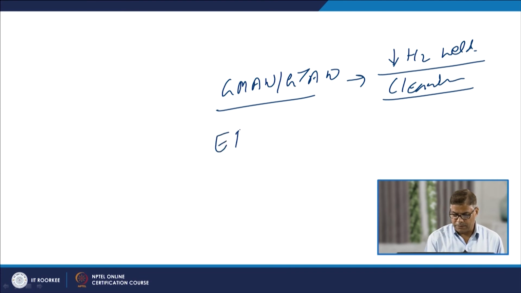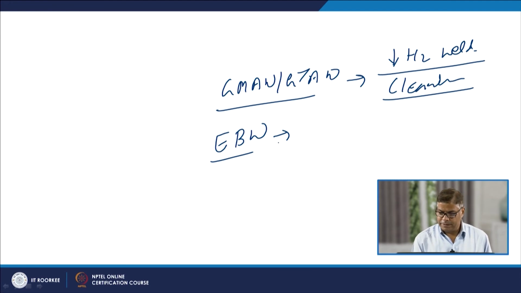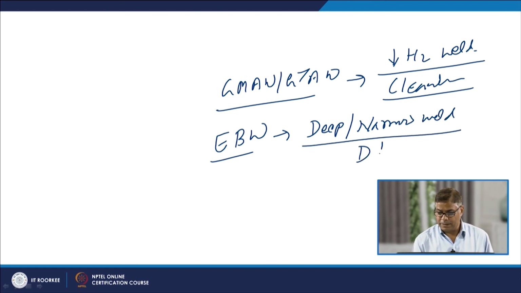When the electron beam welding process is used for welding heat treatable low alloy steels, it is possible to have very deep penetration and a very narrow weld, and because of this we get weld joints with a very high depth to width ratio.